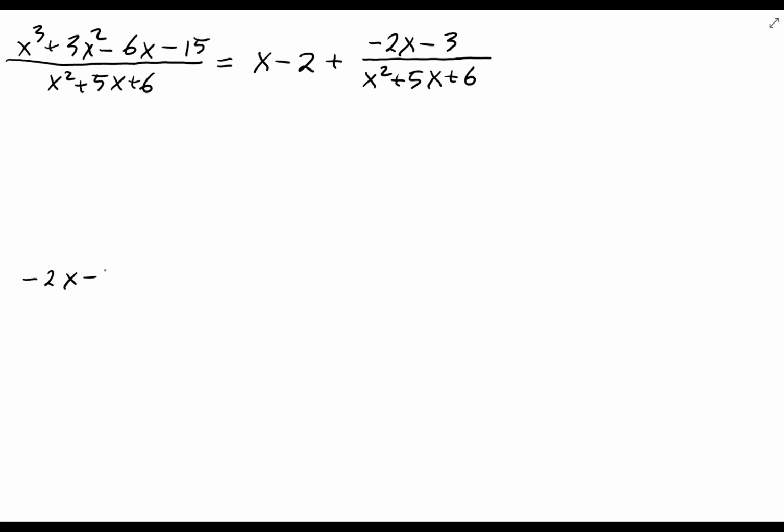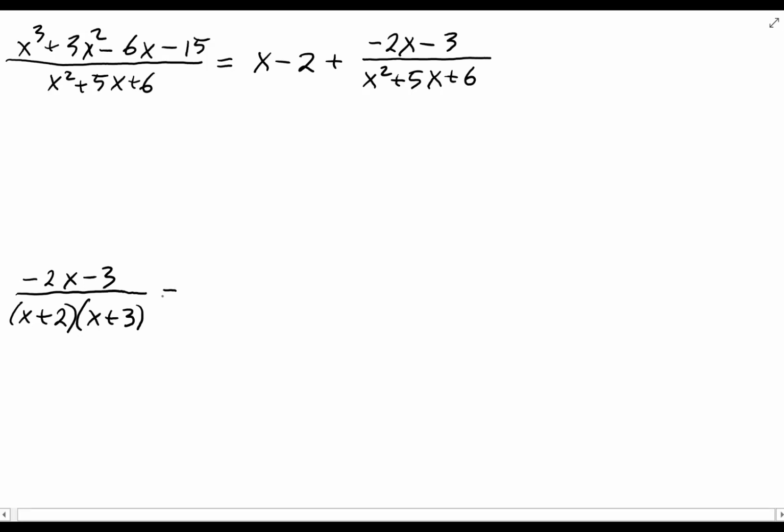Negative 2x minus 3 over, and this thing is going to factor as x plus 2 times x plus 3. The key in these partial fraction decomposition problems is you have to be able to factor that denominator, because that tells you how this thing is going to split apart.